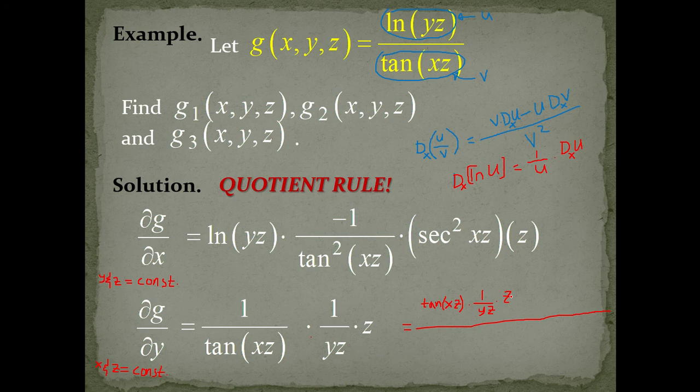Then minus u dv, so we have ln of yz, and times the derivative of tangent. The derivative of tangent is secant squared xz.